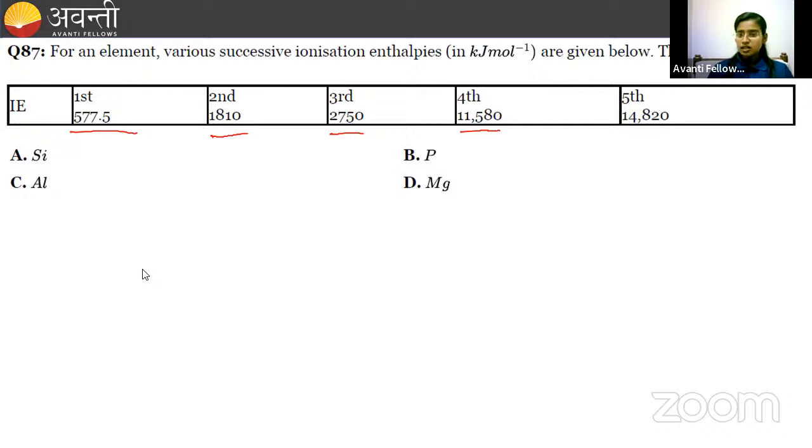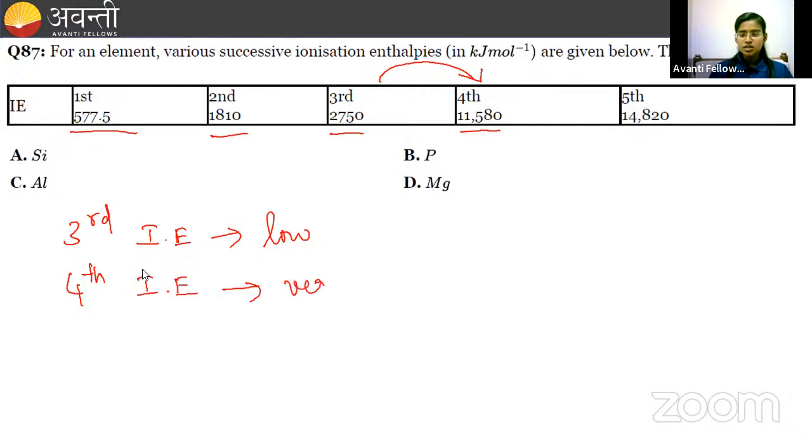Till the third ionization enthalpy, the values are roughly doubling, from 500 to 1000 and from 1000 to 2000. But from the third to the fourth, the jump is very high, suddenly going from 2000 to 11,000. So the third ionization energy is low, but the fourth is very high.